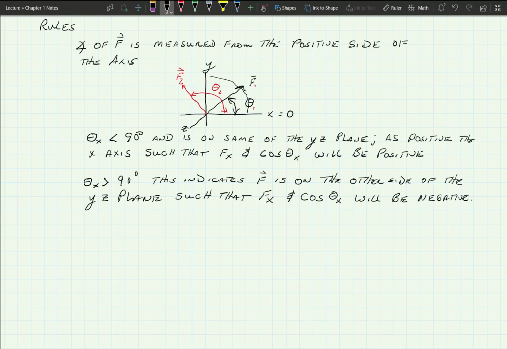And if you think about this, it goes back to the positive in the first quadrant, the negative positive in the second quadrant, the negative in the third quadrant, the positive negative in the fourth quadrant when you're on the XY plane and doing all the math that went with that.